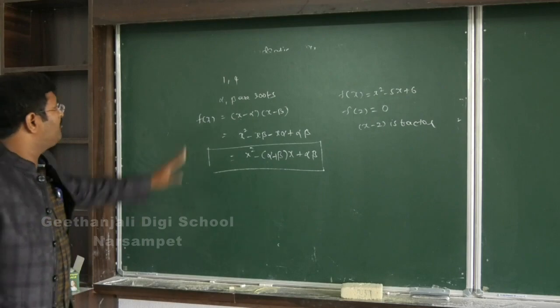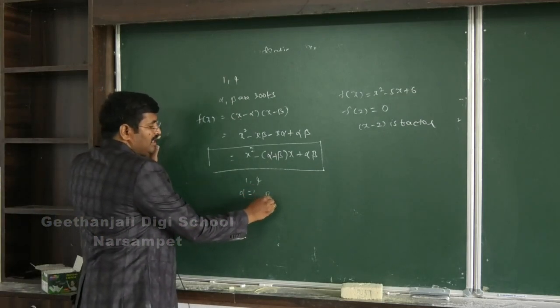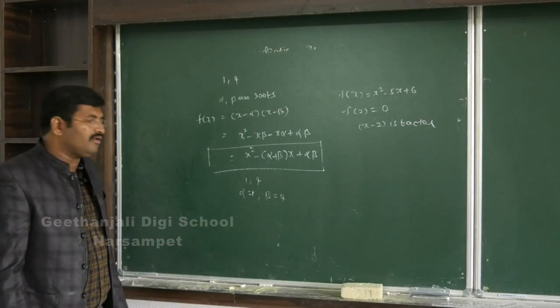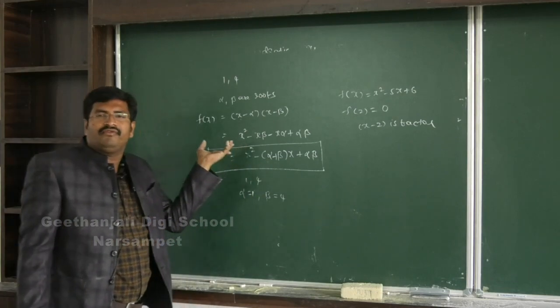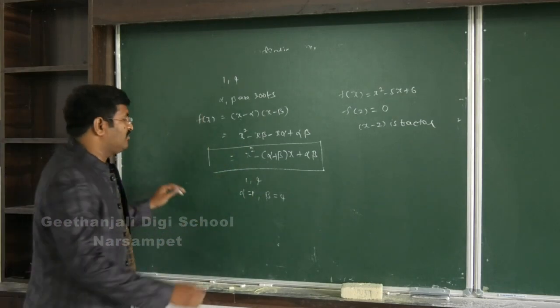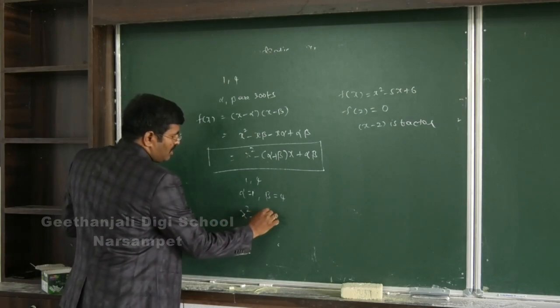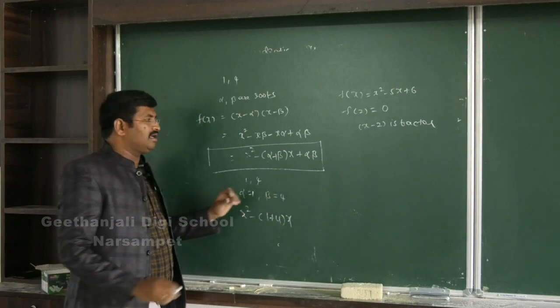For example, 1 and 4 are the roots. Alpha is equal to 1, beta is equal to 4. Now you already know the formula. If you know the roots, how do you find the quadratic equation? x square minus (alpha plus beta) x plus alpha beta. Alpha is 1, beta is 4.